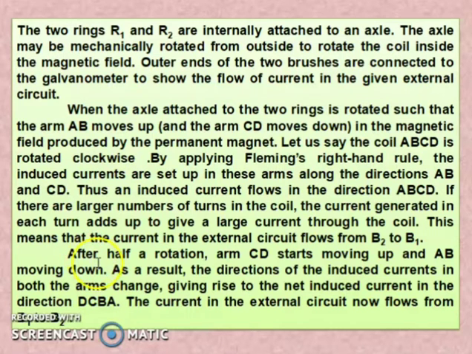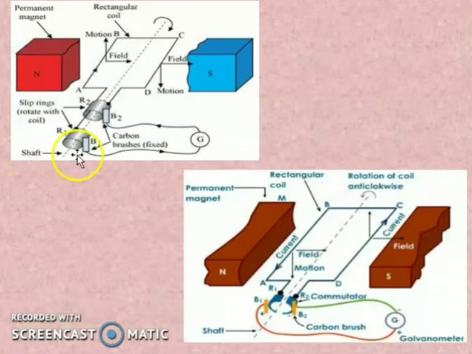So you can see that the current in the external circuit flows from B2 to B1.